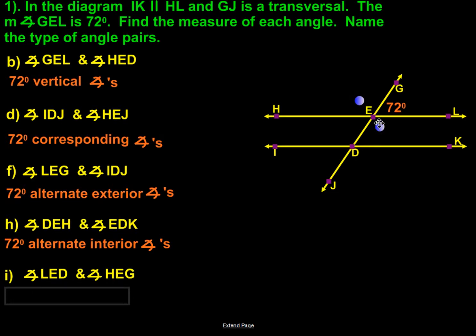So we have vertical angles, they're opposite one another, and in order to be able to tell what the degrees are for these, we need to think about this as a supplementary angle. So 72 plus DEL is going to give us 180 degrees. And so with that in mind, we can see that this is 108 degrees, and since they're vertical angles, they both have to be 108.